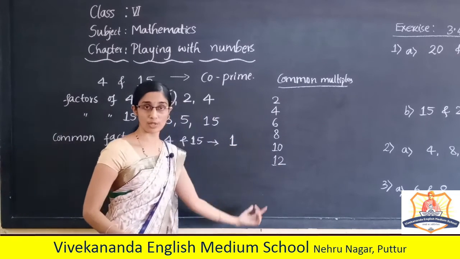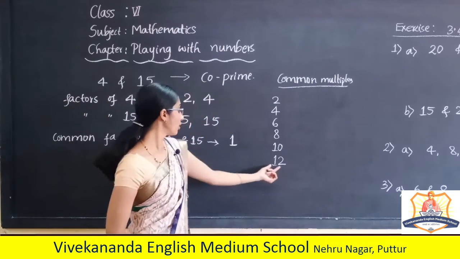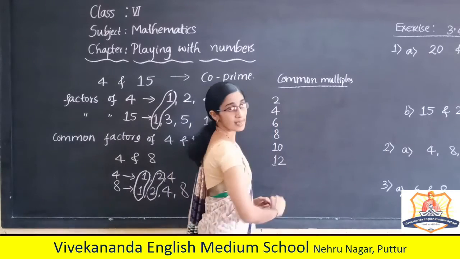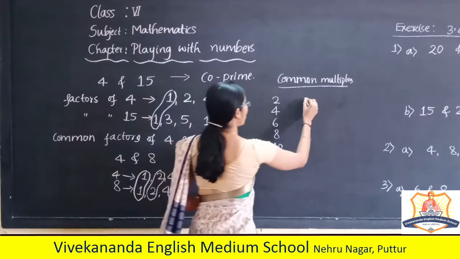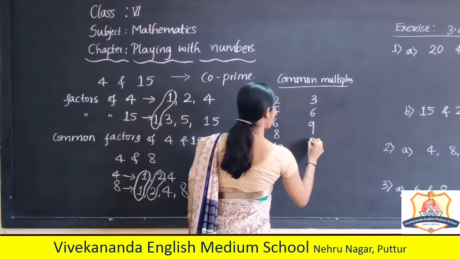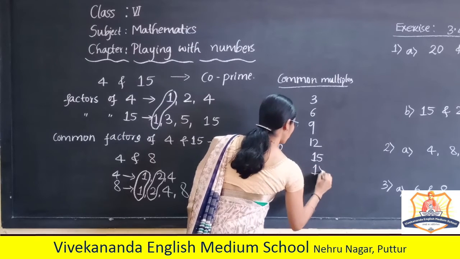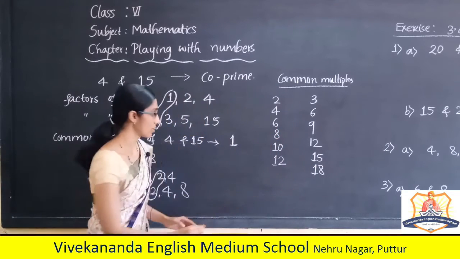Right, like this it goes on. 2 6s are 12. Okay. Next, let me take 3. Okay, it goes on like this.